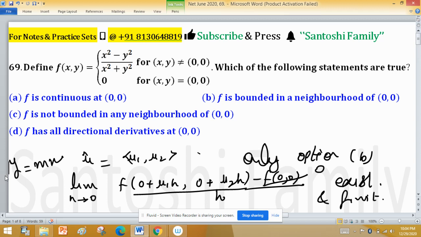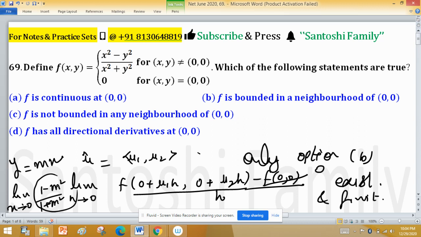The function can be represented in terms of a single variable, and you need to test the limit x tends to 0. You can take x square common and the left term will be (1 minus m square) and (1 plus m square), and because this is free from x, for different values of m we will get a different limit.